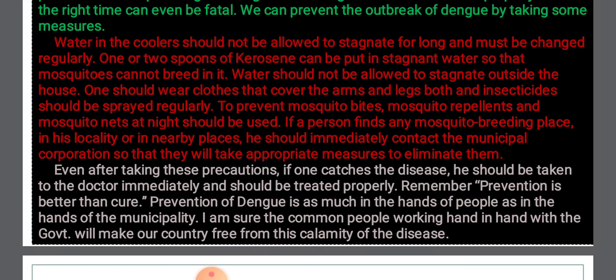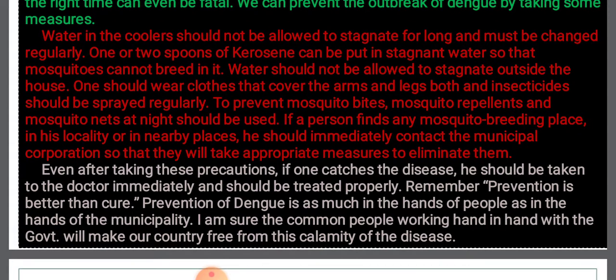Even after taking these precautions, if one catches the disease, he should be taken to the doctor immediately and treated properly. Remember, prevention is better than cure. Prevention of dengue is as much in the hands of people as in the hands of the municipality.